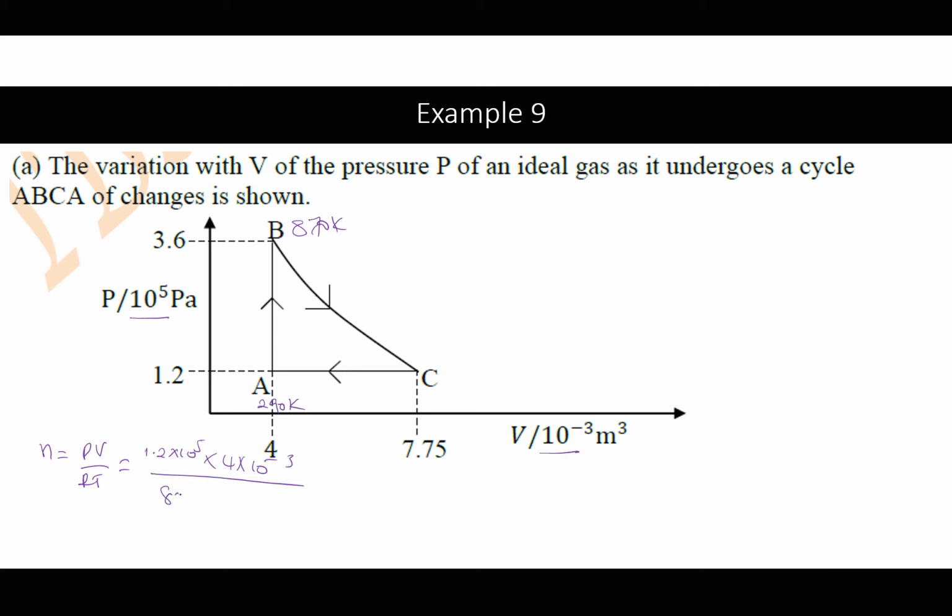Molar gas constant 8.314. The temperature at A is 290. We press our calculator to get the number of moles. So the number of moles is 0.20 mole to two significant figures. You can check yours.